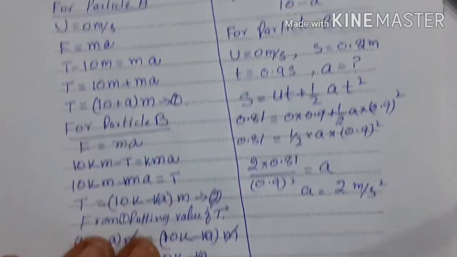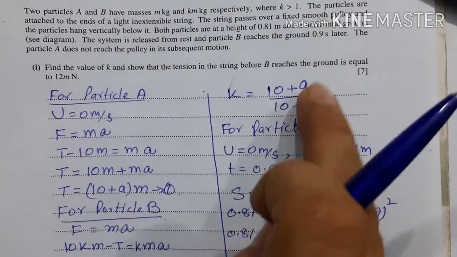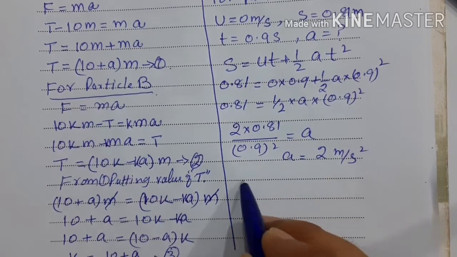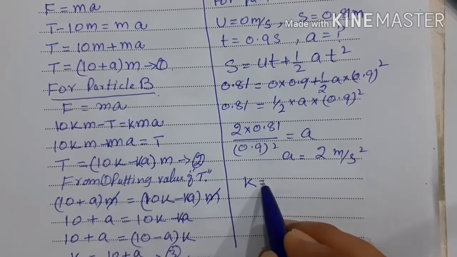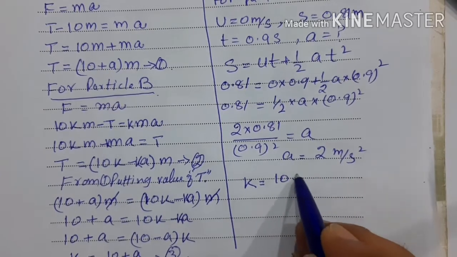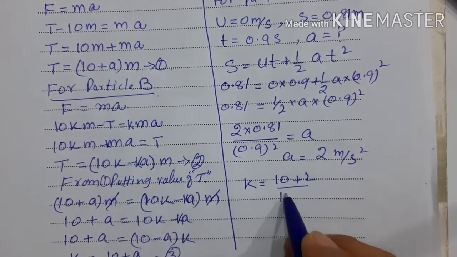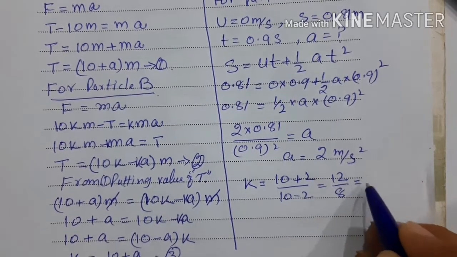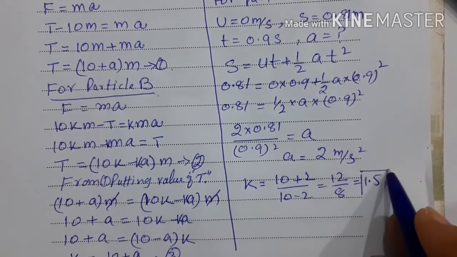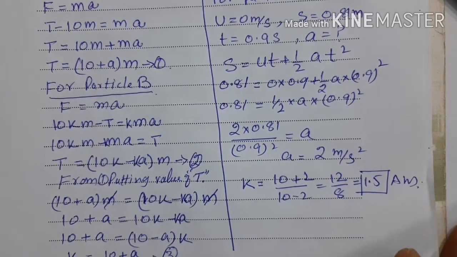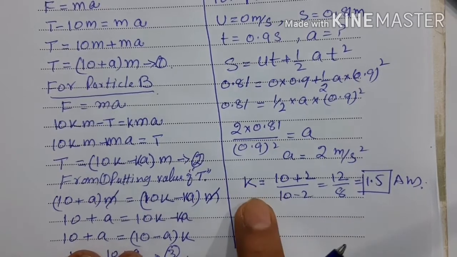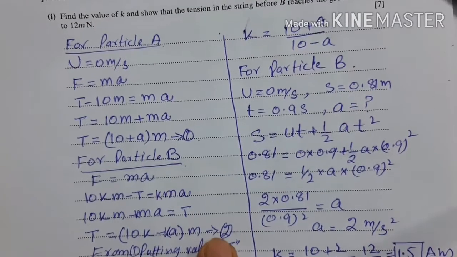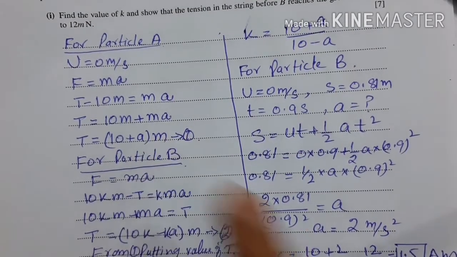This is a. So I'll put this value of a here. So I'll get k. So the k will be 10 plus a, meaning 10 plus 2, over 10 minus a, meaning 10 minus 2. This is 12 over 8, which is 1.5. This is the value of k. I need tension as well, so I'll put the value of k in either equation 1 or 2. So I'll put in 1.